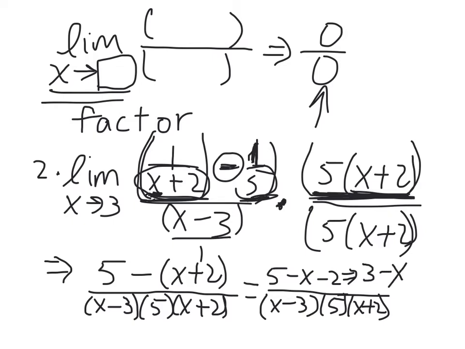Three minus x. Well, to be able to cancel that with a factor in the denominator, we actually need what in the numerator? The x minus 3, which means 3 minus x needs to be rewritten how?